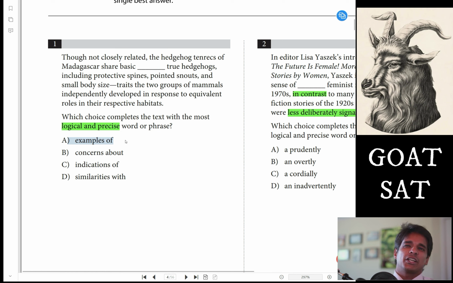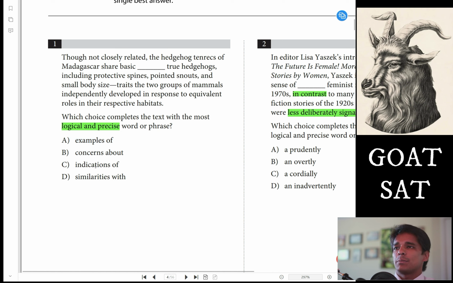Not that they're sharing traits, which say over here, it just means something different than what's being said here. The answer is similarities, by the way. And what I was talking about with the preposition is when you share basic indications of, it almost implies that these animals are doing the sharing, not that they have something in common. So the answer is actually going to be D, similarities with.